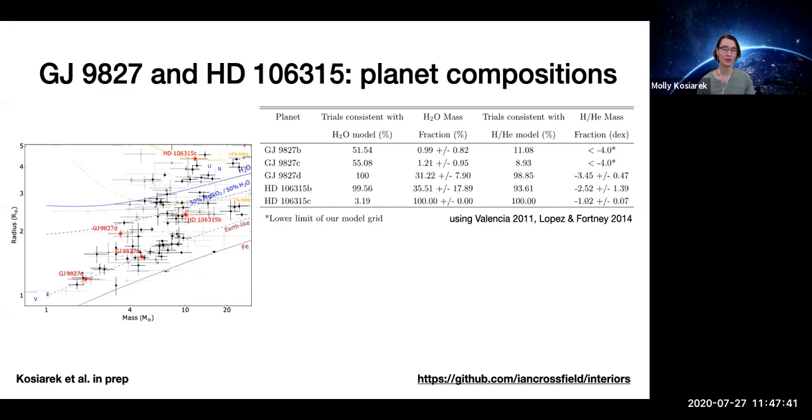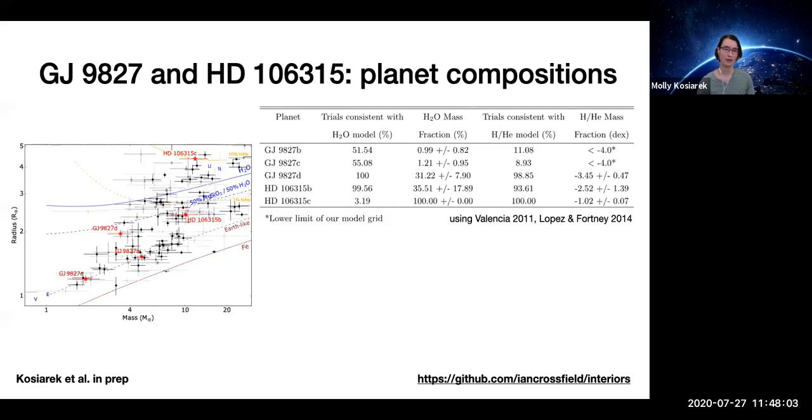And we're sampling the mass and radius space of each planet with 100,000 Monte Carlo trials to assess the uncertainty of both of those parameters, and comparing each of those individual trials with both of the models to calculate the mass fraction of water or hydrogen and helium needed to produce the sample mass and radius.